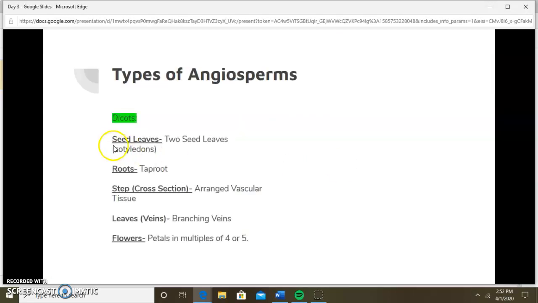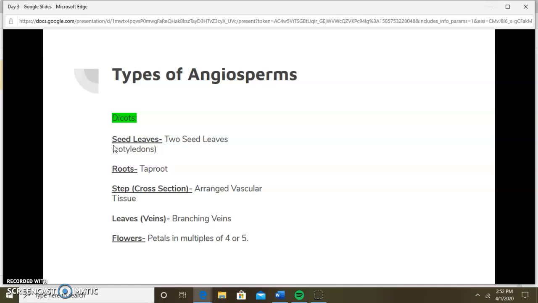Types of angiosperms. So dicots. Dicots are going to be on your left side. The left column is going to be your dicots. And you can see on the right column, all the way on the right, you see seed leaves, roots, stem, leaves, and flowers. So make sure you're putting all of the squares on the dicots for this one, okay? So dicots have 2 seed leaves.